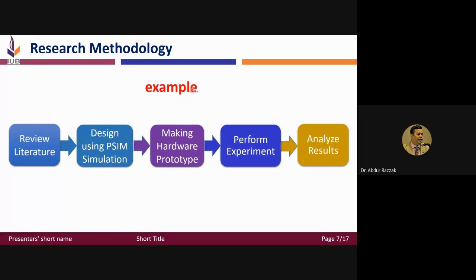Then making the hardware prototype and testing it. Perform the experiment and testing in the laboratory, then get the result and analyze it, and then compare the simulation and experimental results. You can compare your result with the existing literature.